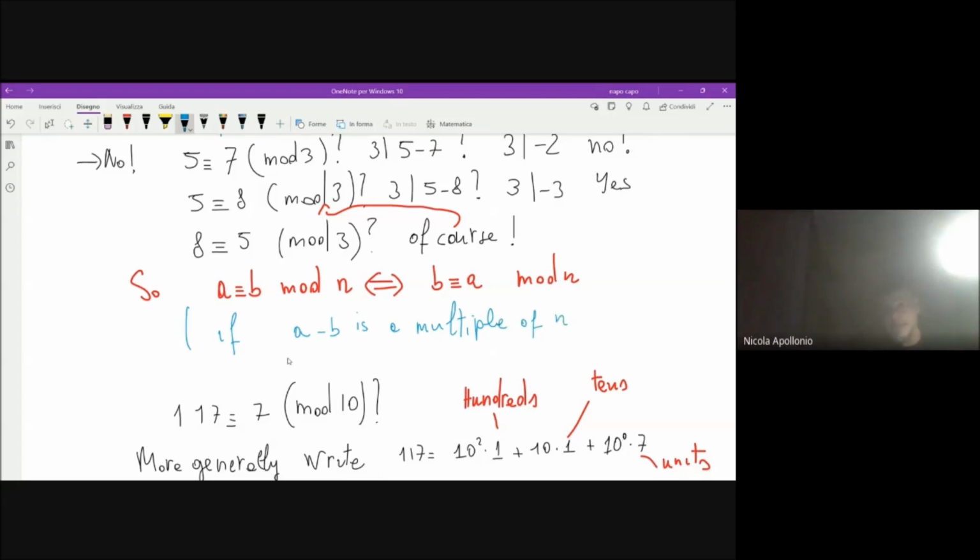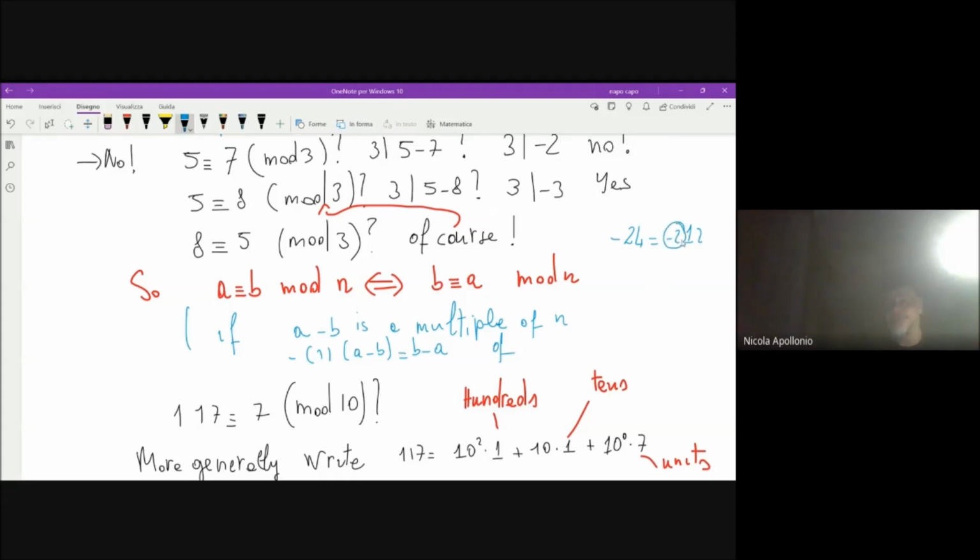But then minus 1 times a minus b, that is b minus a, is also a multiple of n, of course. So minus 24 is a multiple of 12, of course.